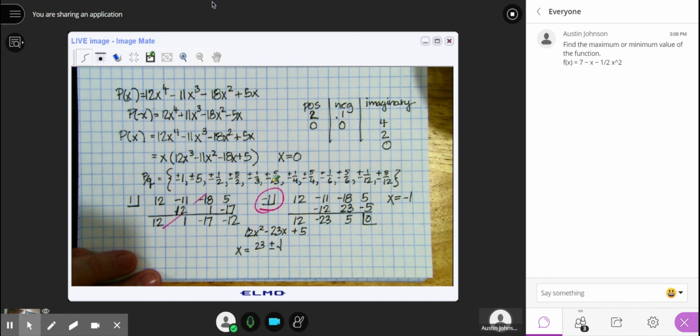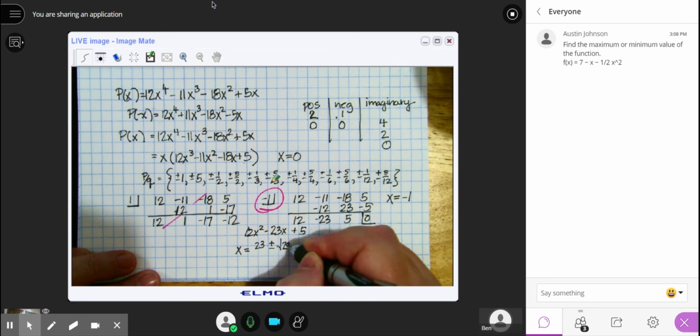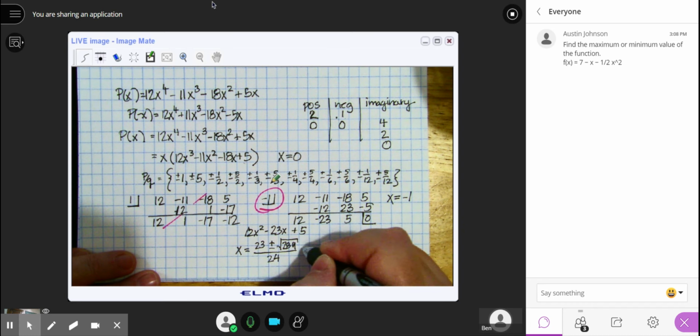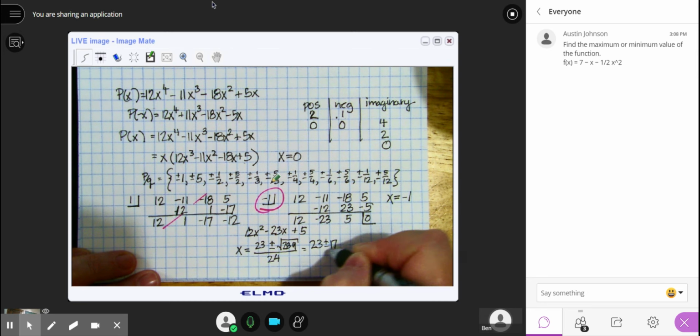So 23 squared minus 4 times 12 times 5. So that's the square root of 289, which I think is 17. Over 24. So that's going to be 23 plus or minus 17 over 24.